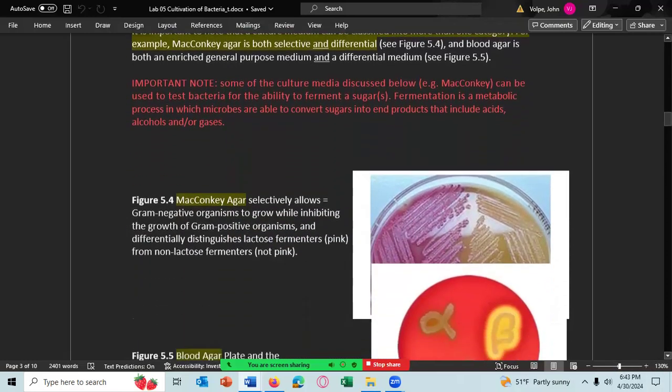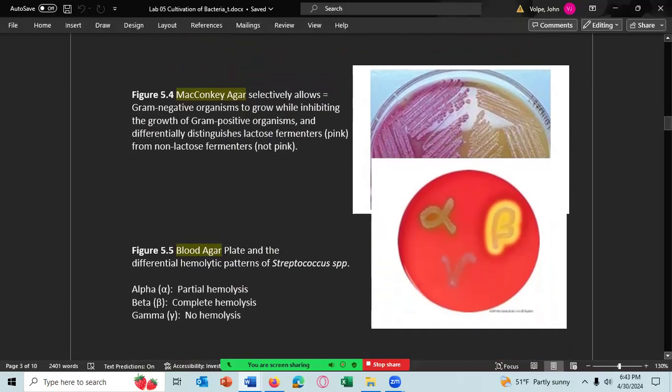Here we're looking at McConkey's. It is a selective media, meaning that if the bacteria can grow on the plate, it is likely to be gram-negative because McConkey's media selects against gram-positives. So the gram-negatives grow. And then it's differential on the basis of the species' ability to ferment the sugar lactose.